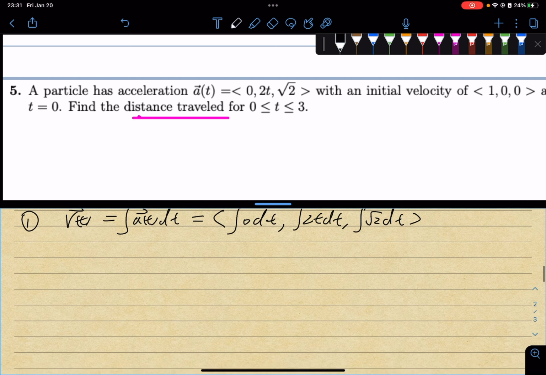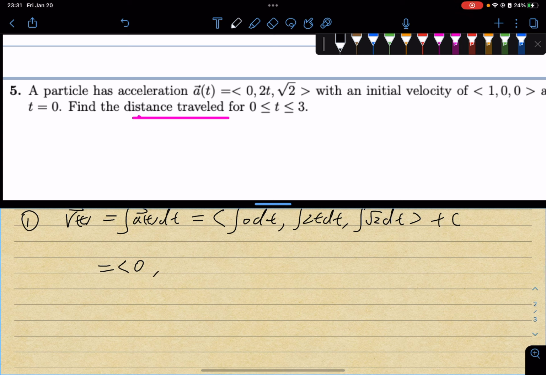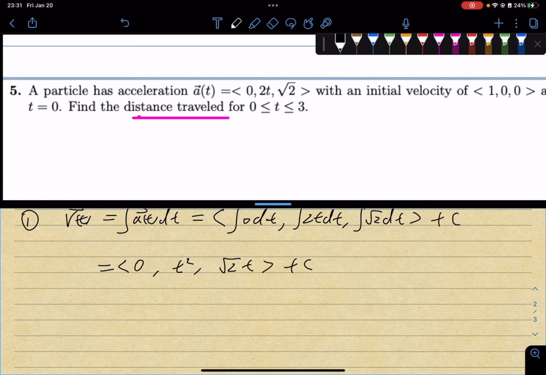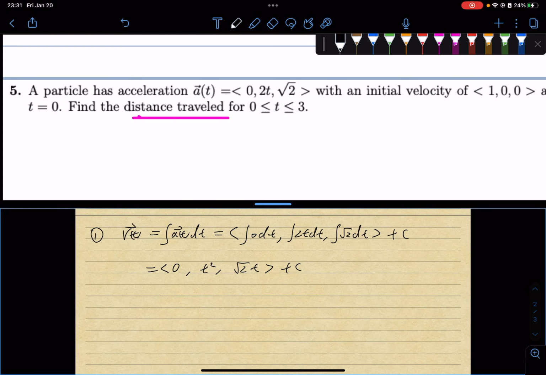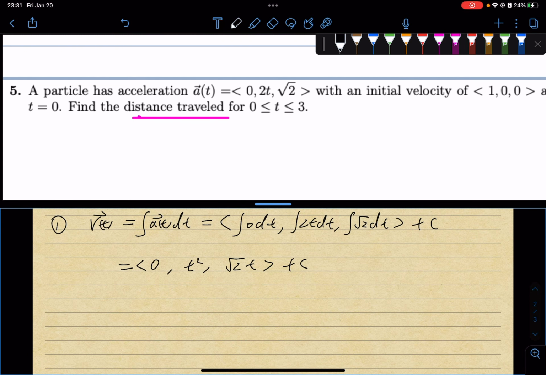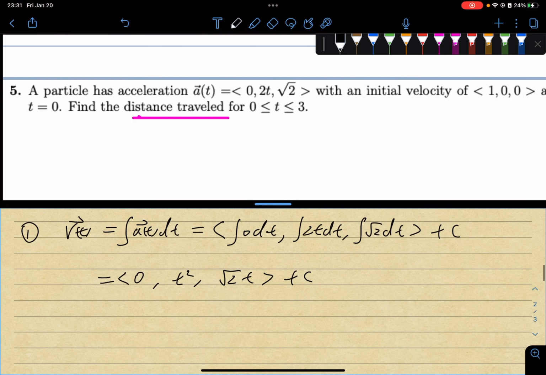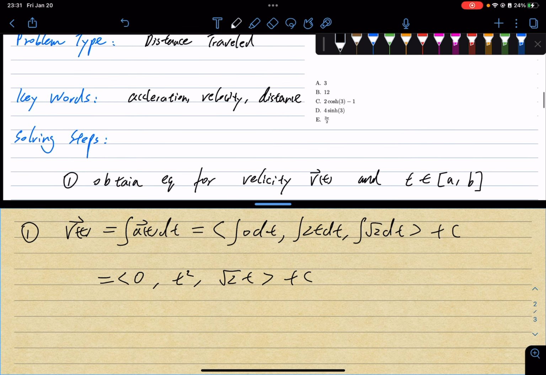This will give us 0, or plus c. Don't forget the plus c. Then t squared, and root 2 of t, plus c. That's step 1. We're not quite done yet, because we need to obtain the whole expression of v of t. We still haven't figured out the arbitrary constant.